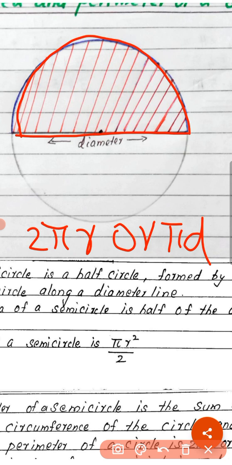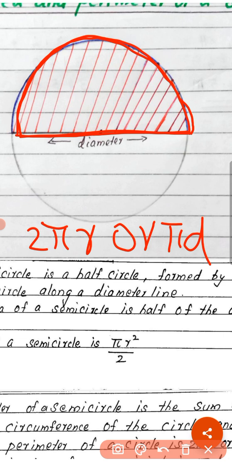Perimeter of a semicircle is half of the circumference, that is this portion, plus d, the diameter. Perimeter of any shape is the distance around the shape.